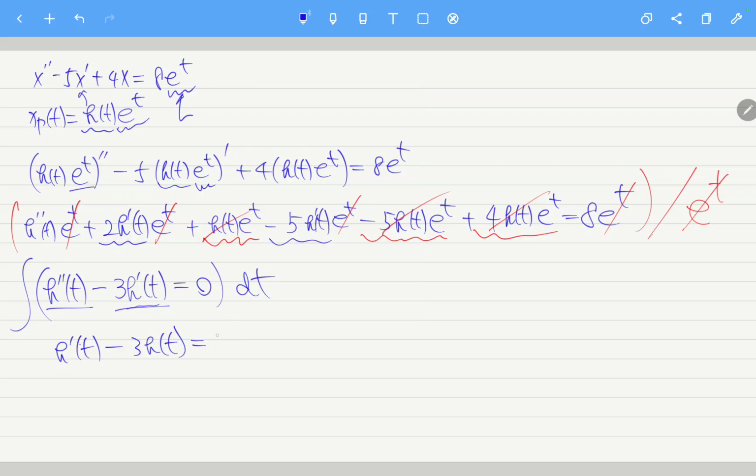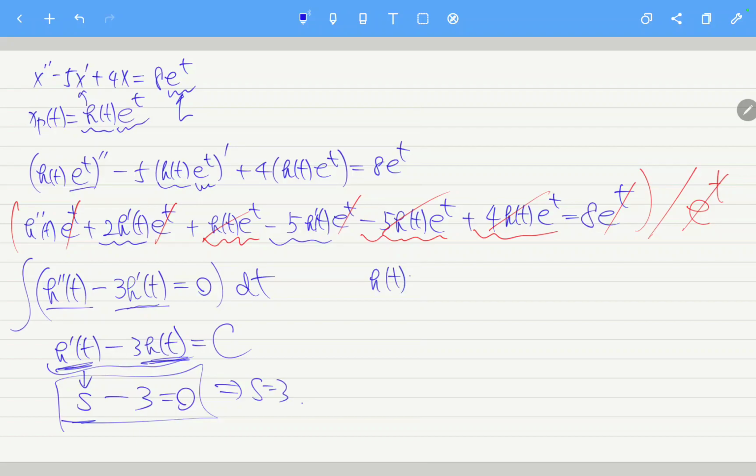Maybe we can call it c. So the left side is a first order linear constant coefficient ODE. So it turns out to be s minus 3. This is the first derivative, we change it to s. This is the original function, we change it to 1. So s minus 3 equals 0. Okay, so here we have s equals 3.